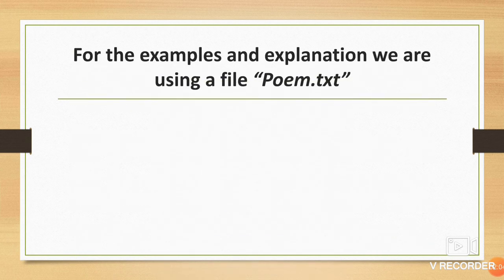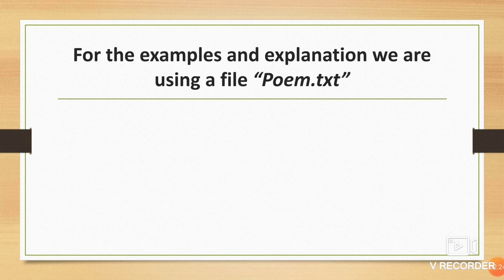Now for reading the file we require one text file. Okay, now we are doing our manipulation task, the reading function. We will use our reading function on a particular specific file, so we require one text file.